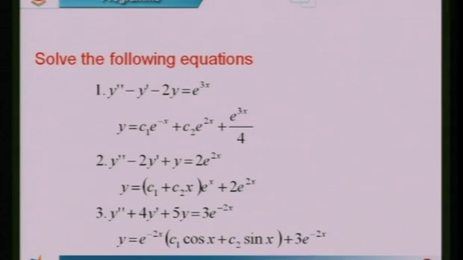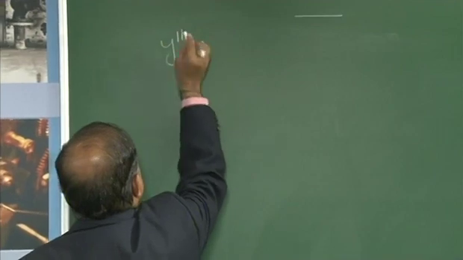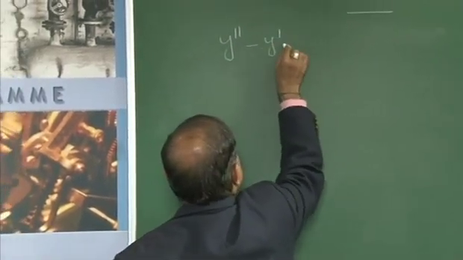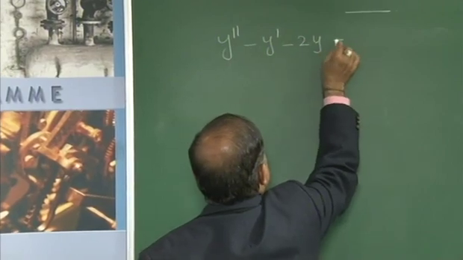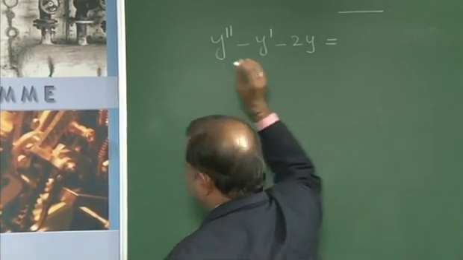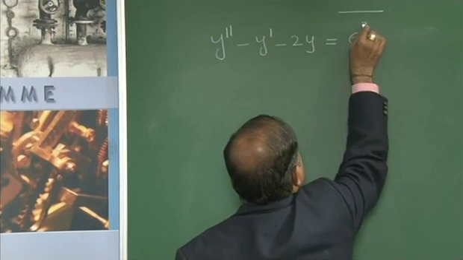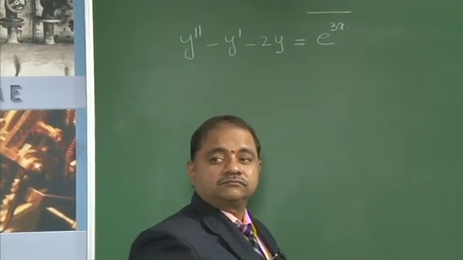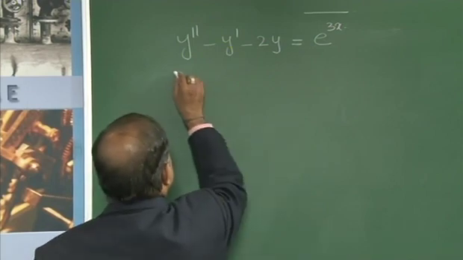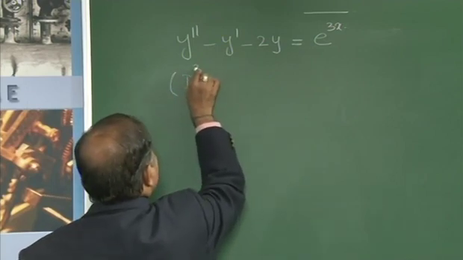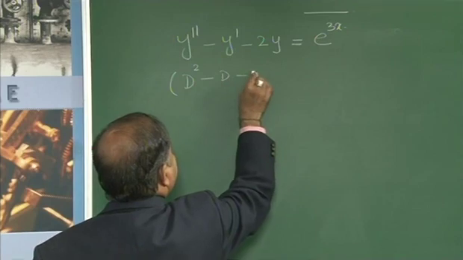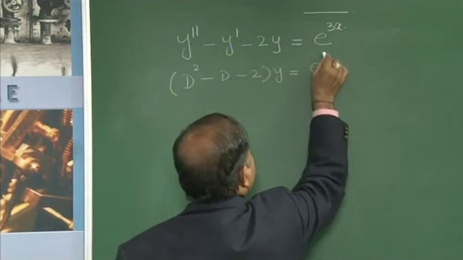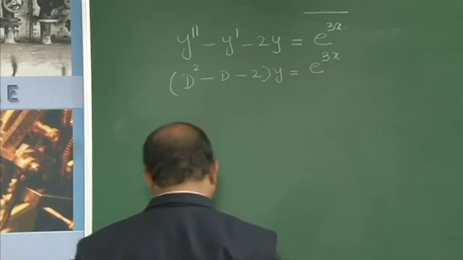Take the first problem, y double dash minus y dash minus 2y is equal to e power 3x. This is the equation given to you. Now, write the standard form: (D square minus D minus 2) y is equal to e power 3x.